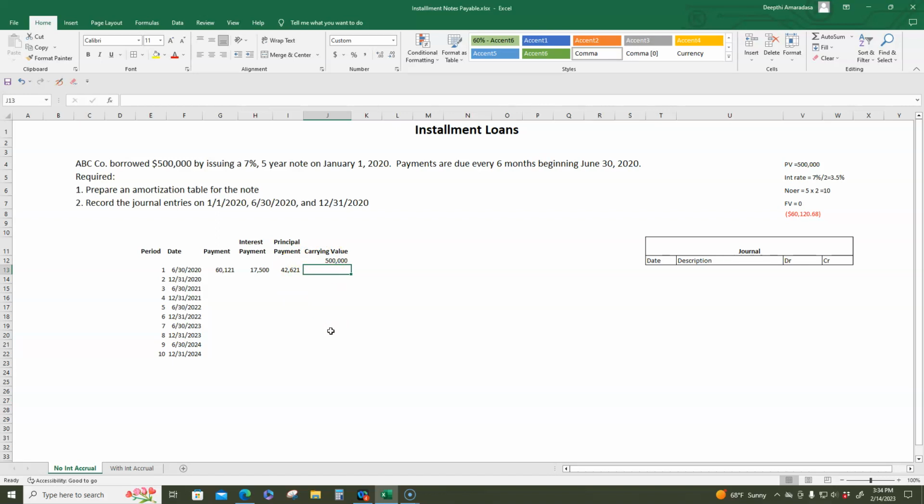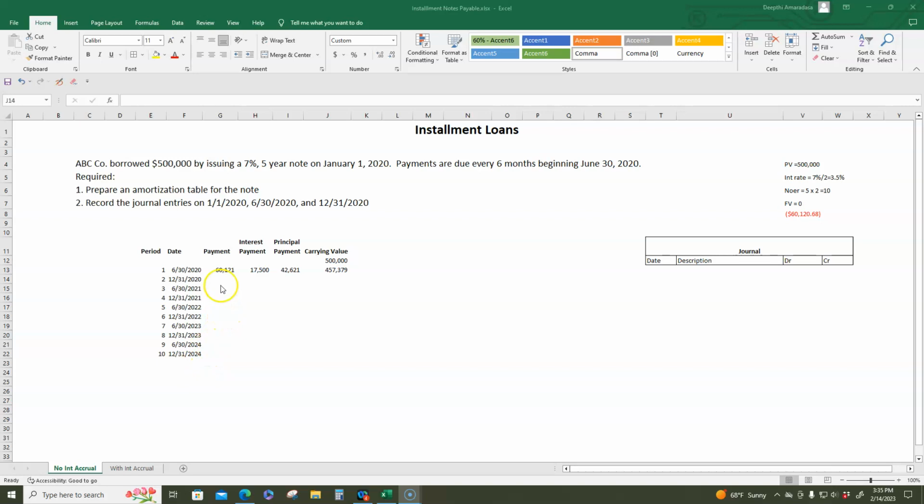So on June 30th, 2020, the carrying value, or the principal amount of this loan, is going to be the $500,000 we had before, minus the principal payment, which will equal $457,379. Make sure that you prepare your own Excel, or you can use Google Sheets to do this calculation. That takes care of the first payment.